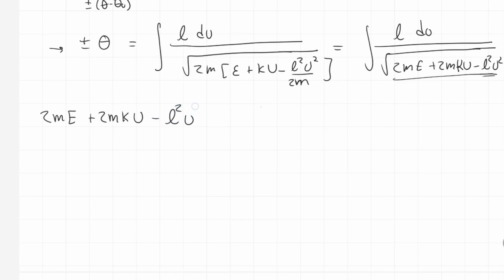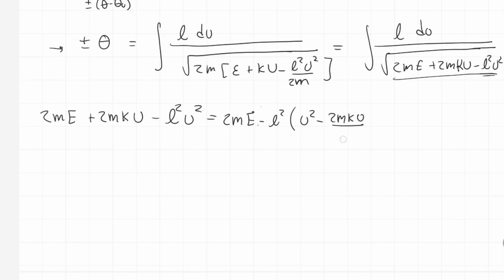We can notice that this expression can be written as 2me minus L squared times u squared minus 2mku over L squared plus m squared k squared over L to the fourth plus m squared k squared over L squared.